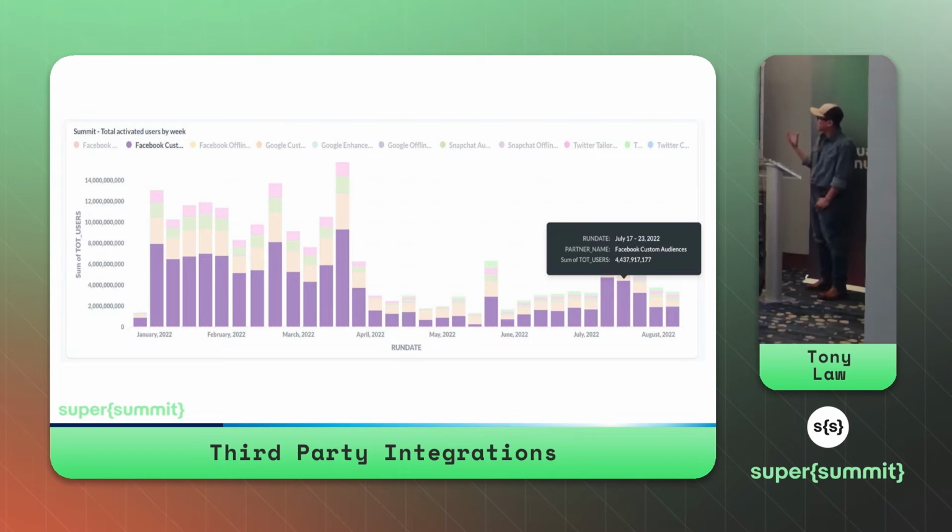And this is the scale that we've been working with. On a given week alone, we've been processing 1 billion users. And it's like, well, that's not enough. 1 billion is a lot of people, but you think about segmentations, the same user can be in multiple segments. From a client perspective in ad tech, they want to reach as many possible ways to get an ad in your face.